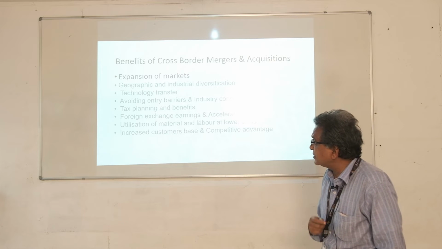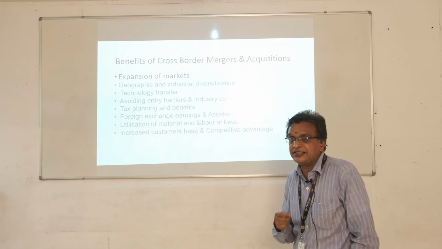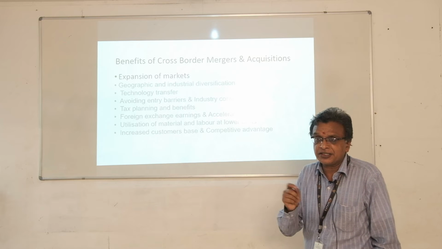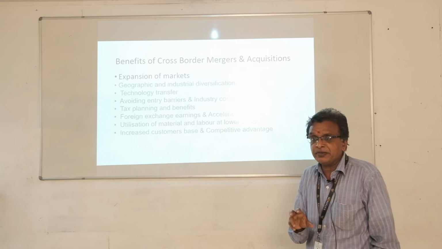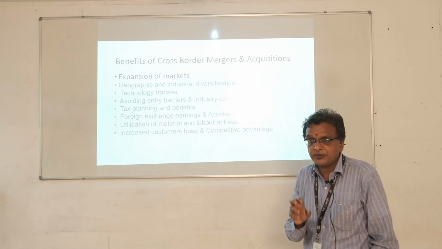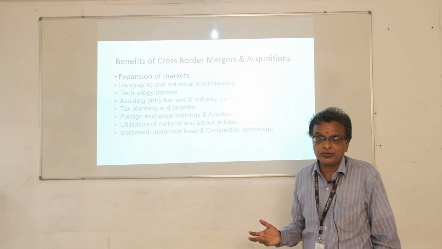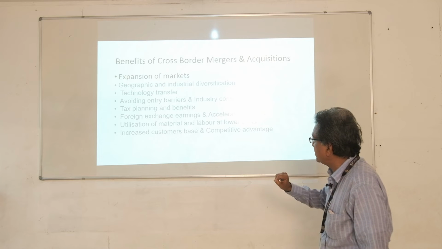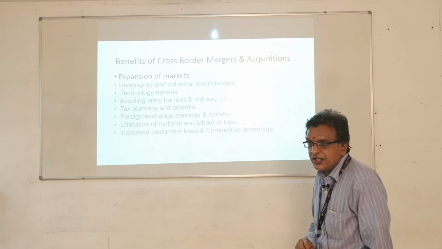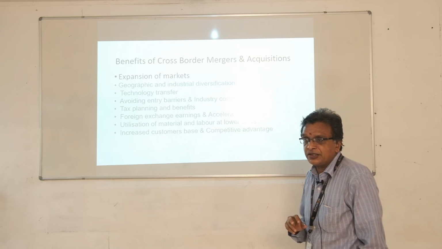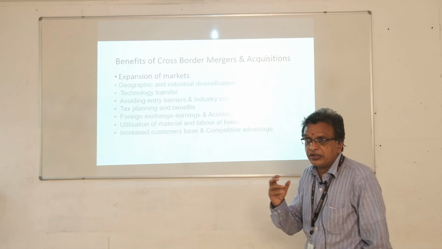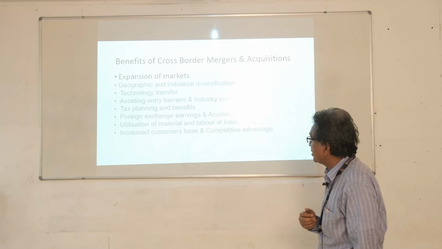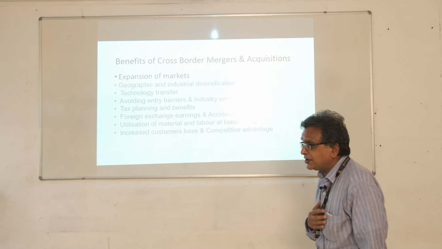The acquired company in the host country does domestic manufacturing, so it is no more to do with imports or exports, and they can avoid entry barriers. Then industry consolidation: if some company wants to consolidate an industry, it can happen by using cross-border mergers and acquisitions. Then tax planning and benefits.